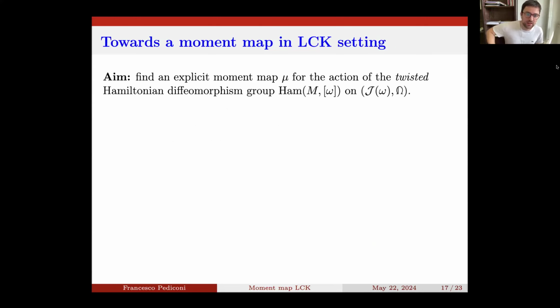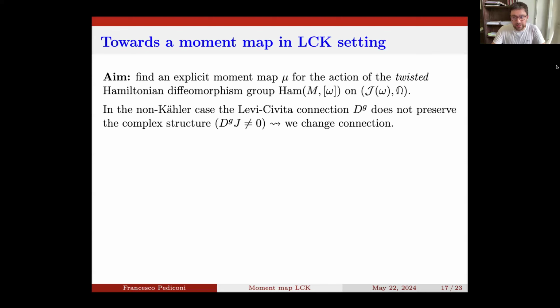So we would like to find an explicit moment map mu for this action of the twisted Hamiltonian diffeomorphisms on this infinite dimensional symplectic manifold given by the complex structures that are compatible with omega. Well, as we saw before, the natural candidate for a moment map is something that relates to the curvature.